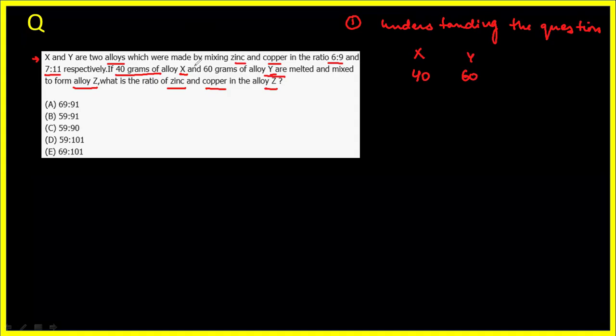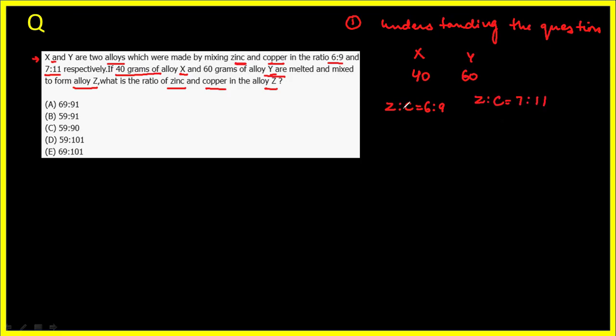Also given, the ratio of zinc to copper in alloy X is 6:9, and in alloy Y, the zinc to copper ratio is 7:11, right?